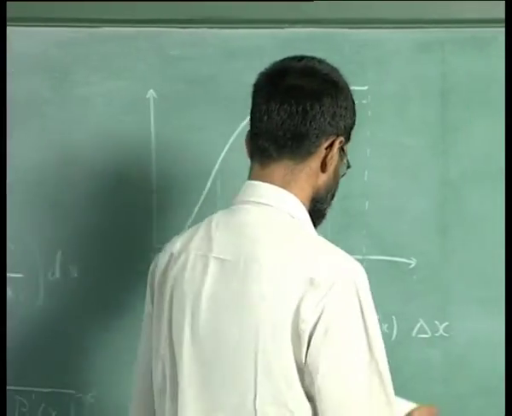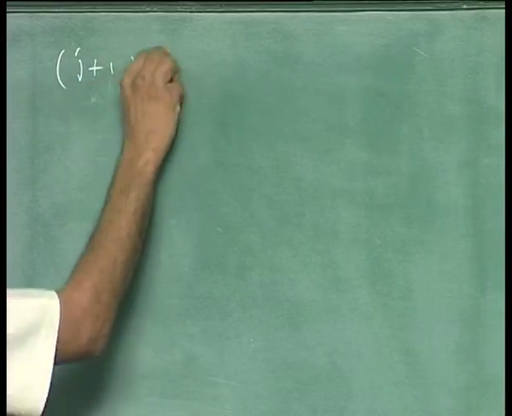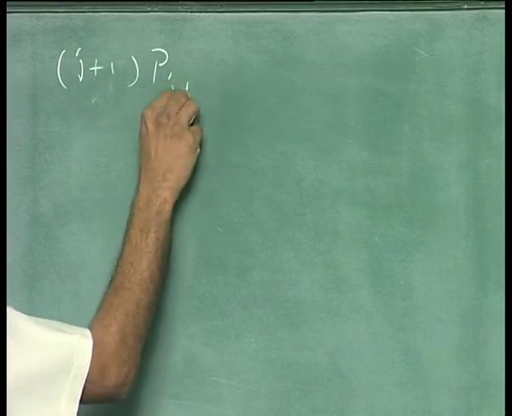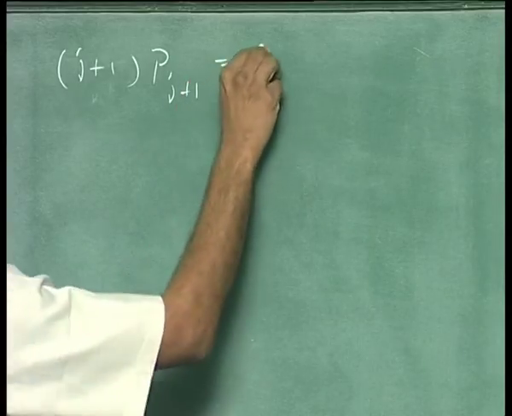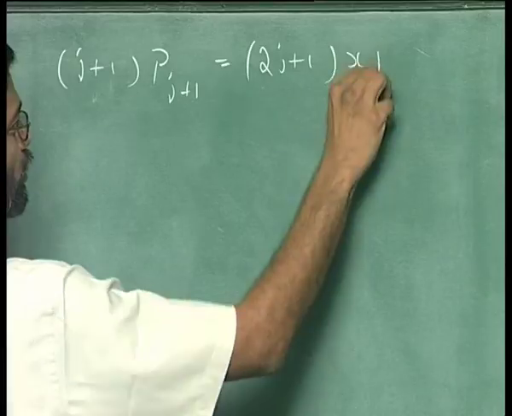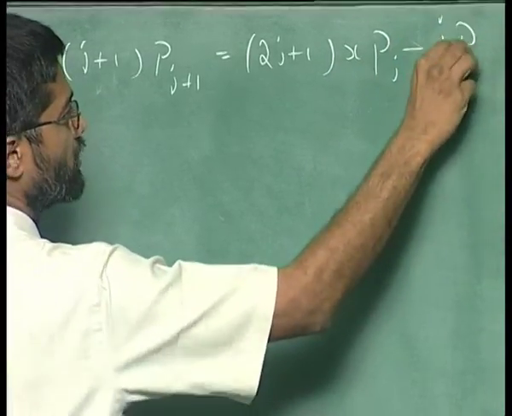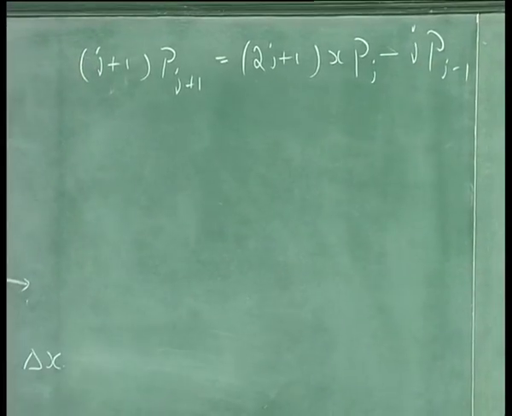We're going to use the recursion relation that j plus 1 times p j plus 1 is equal to 2j plus 1 times x pj minus j pj minus 1. So that's what the recursion relation is.